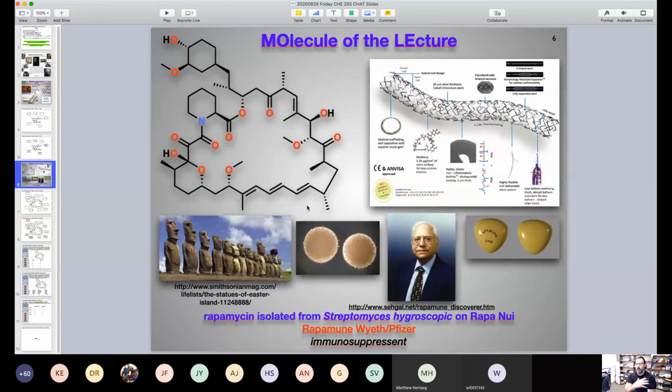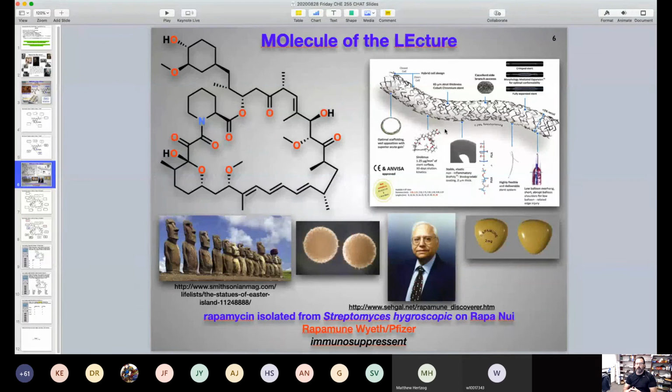And we as humans, as we've evolved through history, we found that plants produce things, and we call them natural products. And so rapamycin is a natural product. And it just so happens that in humans, the therapeutic indication is it's an immunosuppressant.